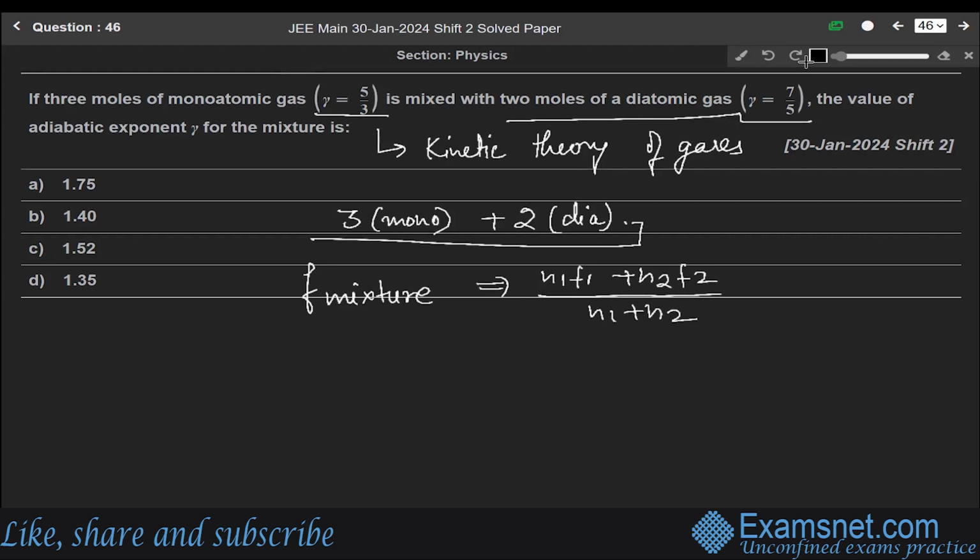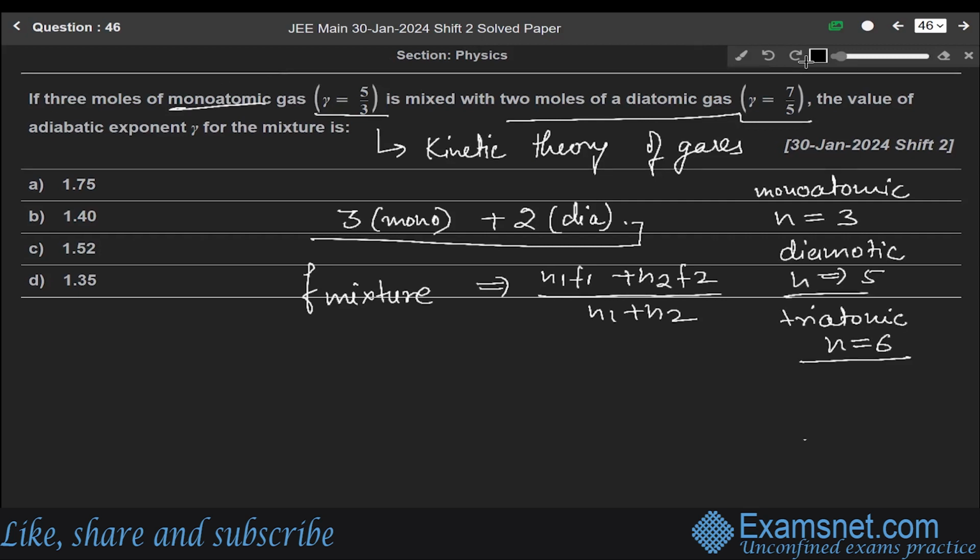Since there are monatomic and diatomic gases, for monatomic, F will always be 3, and for diatomic, F is always 5. If the question is asked about a triatomic, the value is 6.